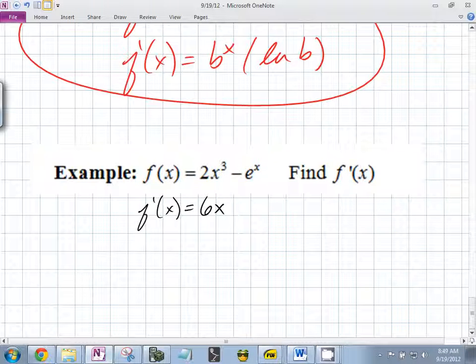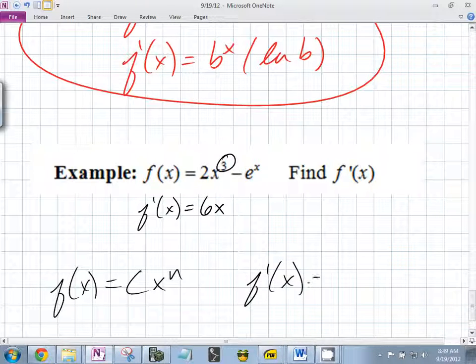The power was 3, what do you do to it? Do you remember the rule we just did? F of x is equal to cx to the n. F prime of x is equal to c times n x to the n minus 1. So what does the power become?